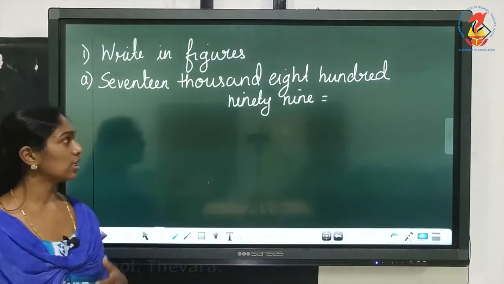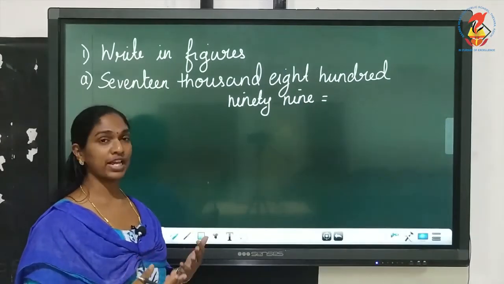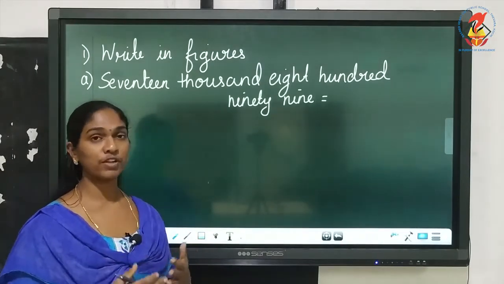Seventeen thousand eight hundred ninety-nine. This is a number name given to you. You have to write it in figures. You have to be very careful when you are writing in figures.